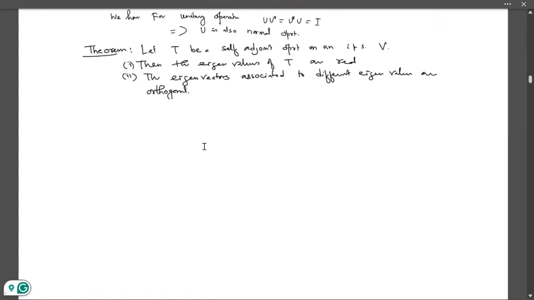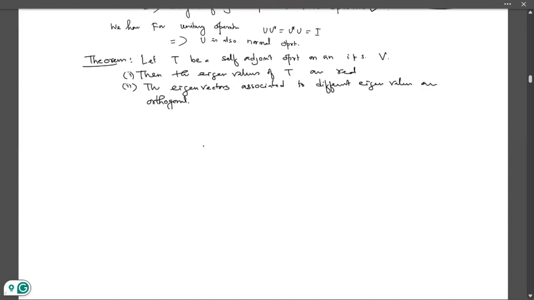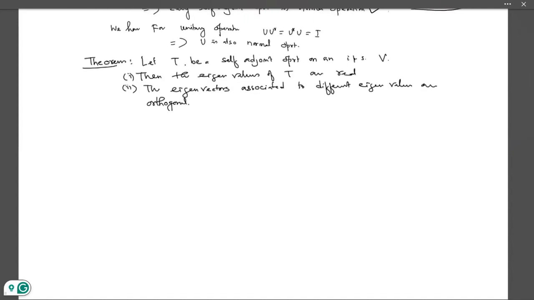And then we have this last theorem. Let T be a self-adjoint operator only. Then eigenvalues of T are real. Okay. Self-adjoint operators have real eigenvalues. And eigenvectors associated to different eigenvalues are orthogonal.